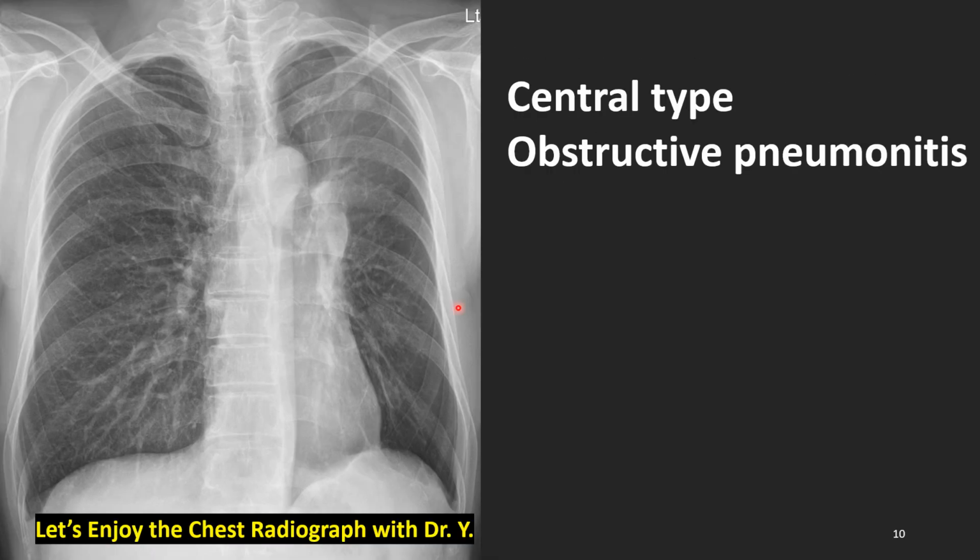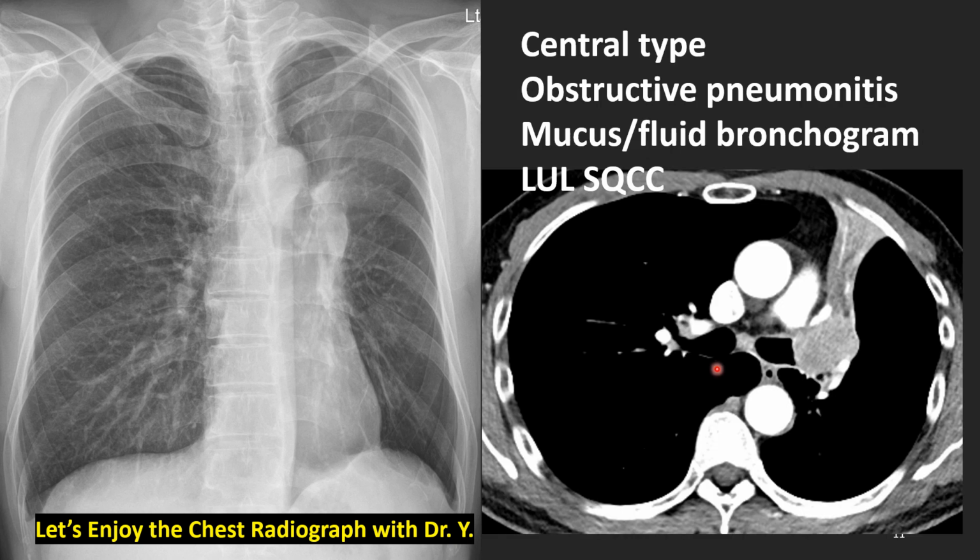This is the second case of a central type lung cancer showing obstructive pneumonitis of the left upper lobe. Also, we are familiar with this image. Luftsichel here, diffuse haziness here in the left upper lung zone, and elevated left hilum with increased density here. This axial contrast enhanced CT shows the mass here at the left upper lobe bronchus.